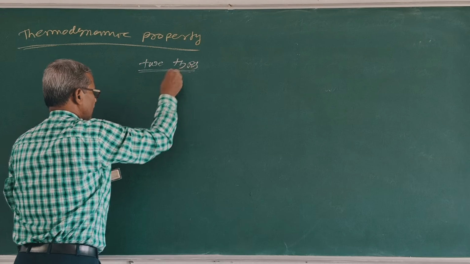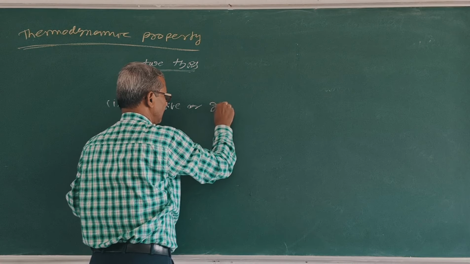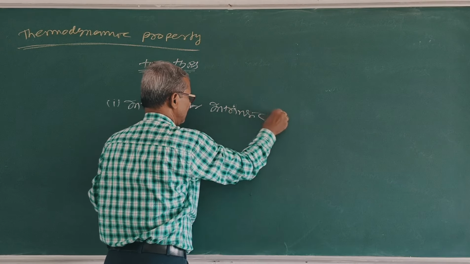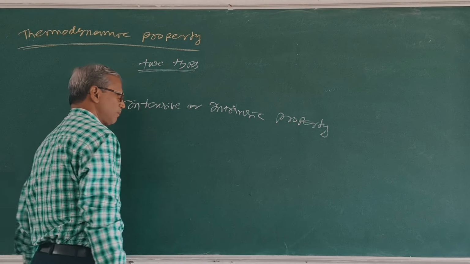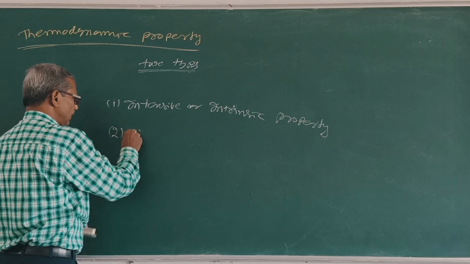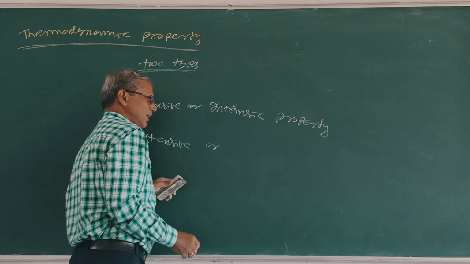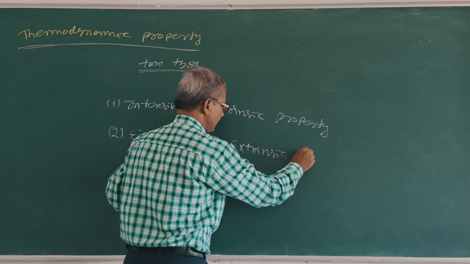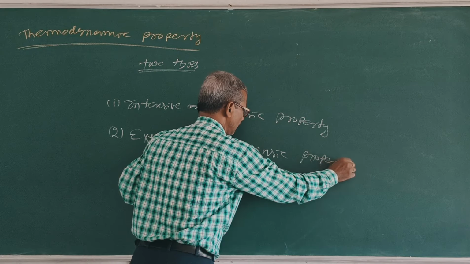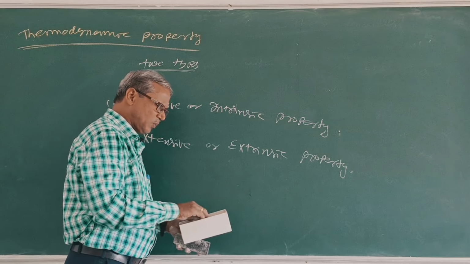Number one, intensive or intrinsic property. Clear? Number two, extensive or extrinsic property. Clear? Now, what is intensive property?